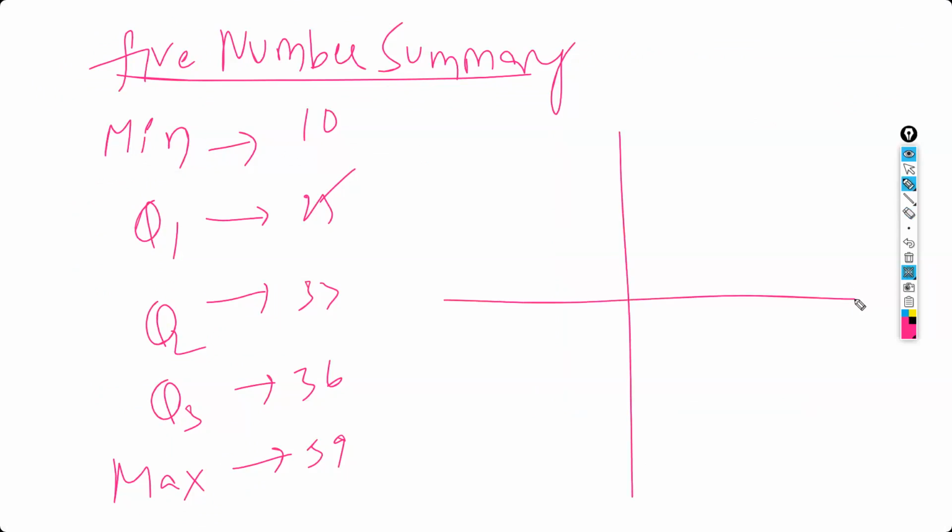Now in the graph sheet, wherever the minimum value of 10 is, on the Y axis, you have to draw one line. This is 10, which is nothing but the minimum value. Now 25, you take one more line, which is the Q1 value.